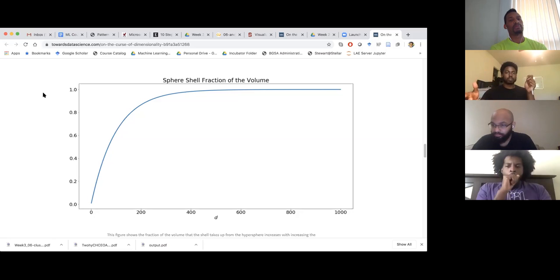You might get a similar value. You might try and cluster them together, but the reality is most of your data points are in the outer shell because look at the volume. So now your Euclidean space clustering is failing you because it's not giving you a good metric of dissimilarity anymore.